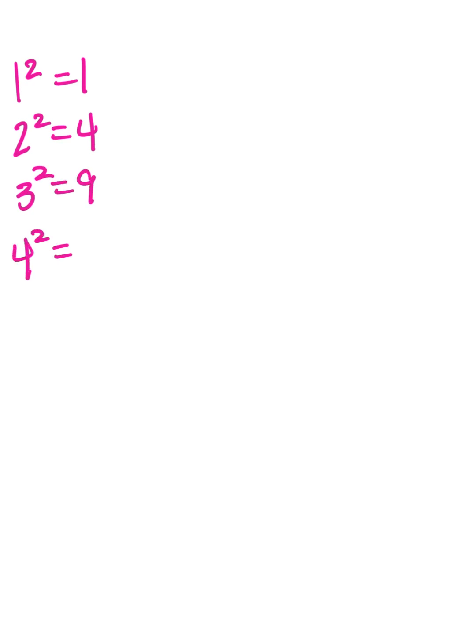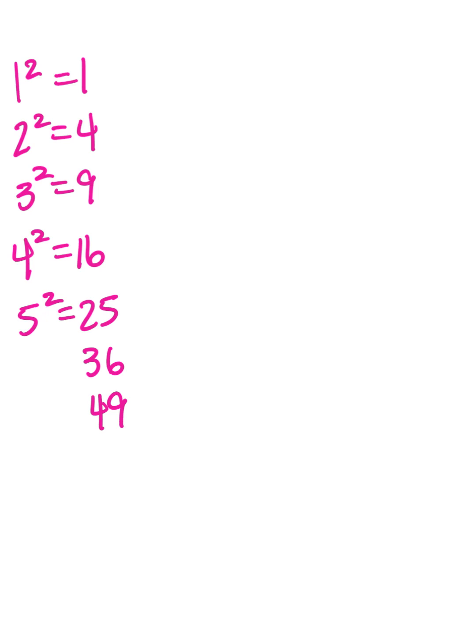I want to go over your perfect squares with you because I don't know what your teacher has shown you. All right, so for starters, 1 squared is 1, 2 squared is 4, 3 squared is 9, 4 squared is 16, and I'm just going to do the first few.